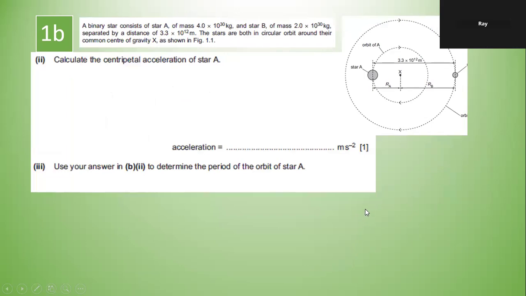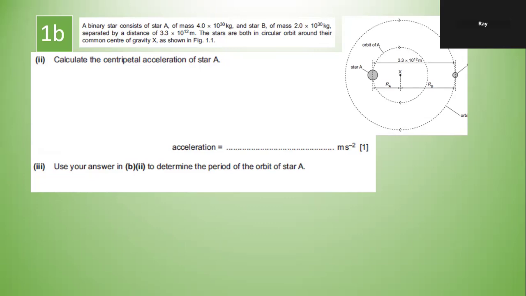Calculate the centripetal acceleration. How do you calculate that? mv squared over r. Oh yeah, sorry.